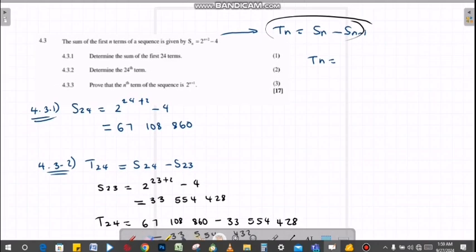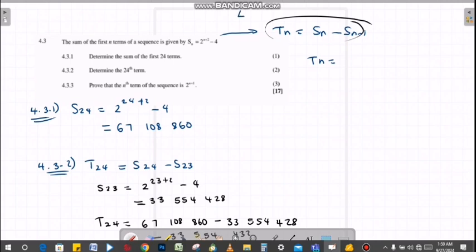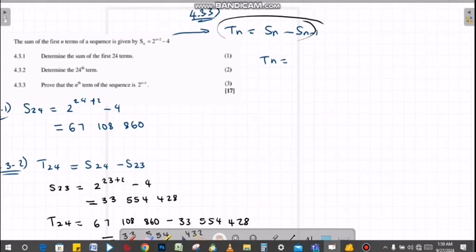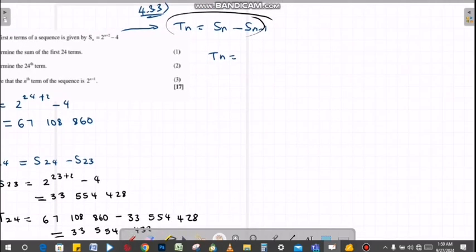Let's write our question 4.3.3. Our Sn is 2 to the power of n plus 2 minus 4.